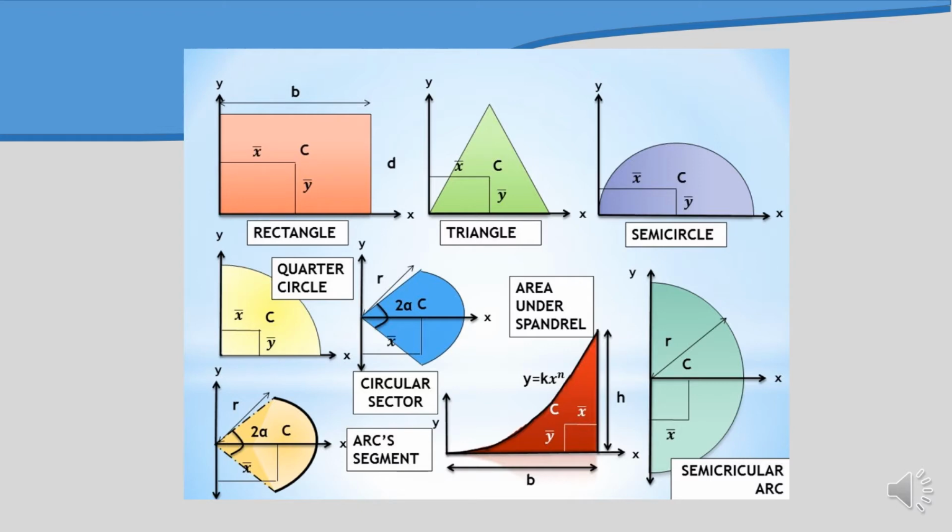For the case of a rectangle, we just divide the length of each side by 2, and it will produce the values of x bar and y bar.